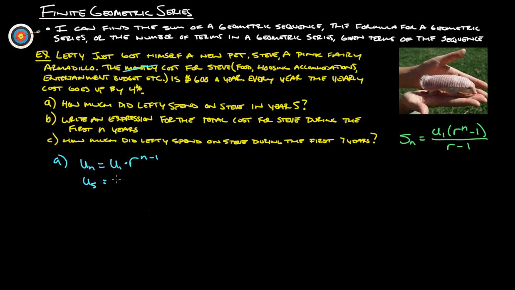The first term was 600. The rate is going up by 4%, so that's 100% plus 4% each year, which is 1.04. And then the exponent is 5 minus 1. That's how much they're going to spend in year 5.